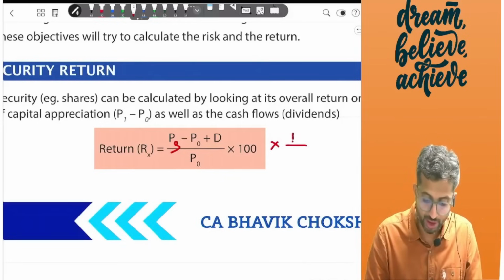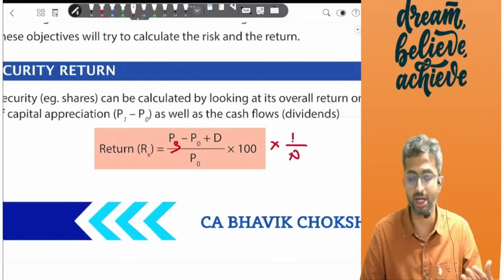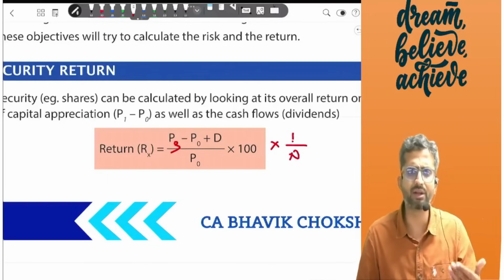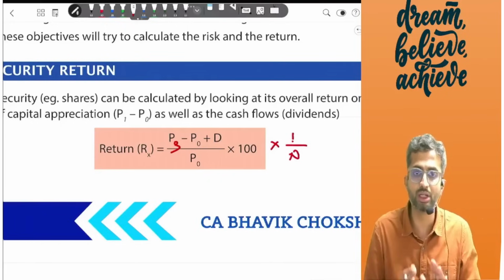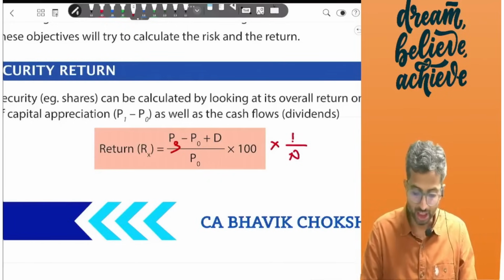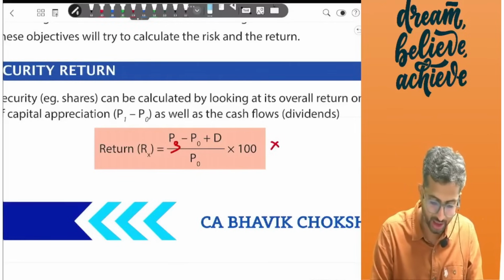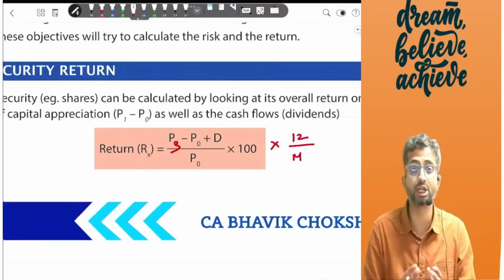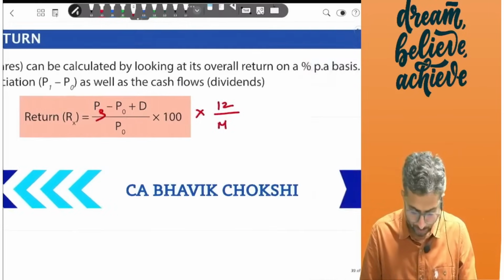On a simple interest basis, you can multiply it by 1 by n, that is 1 divided by 3. You can also use the compound interest formula. Having said that, at most places the institute usually uses a simple interest formula. Over here you can either take 1 by n or you can take, let us say, 12 by m, that is 12 by 36 months in order to find the per annum return.